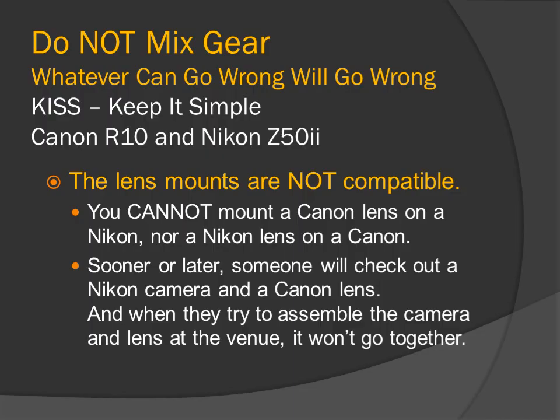The lens mounts are not compatible. You cannot mount a Canon lens on a Nikon, nor a Nikon lens on a Canon. Sooner or later, someone will check out a Nikon camera and a Canon lens, and when they get to the field and they try to assemble the camera and lens, it won't go together.